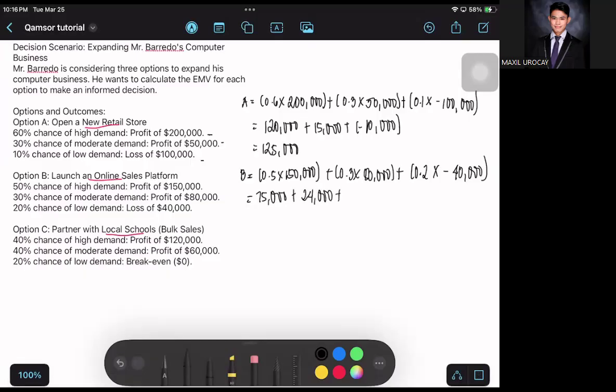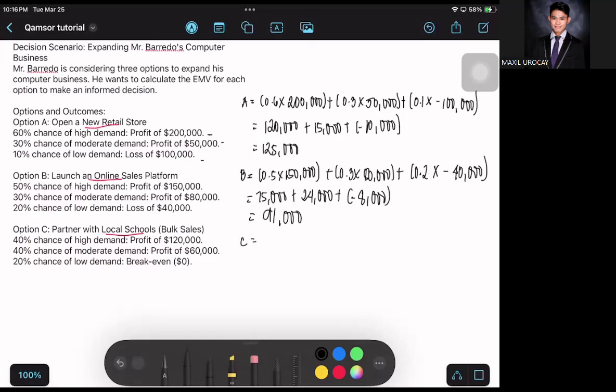Then plus 0.2 times 40,000, which is negative 8,000. So you need to do 75,000 plus 24,000, then minus 8,000, which equates to 91,000. That will be your result for letter B.